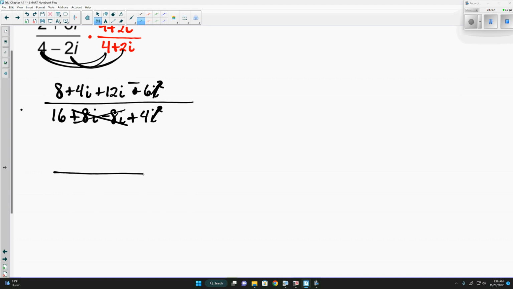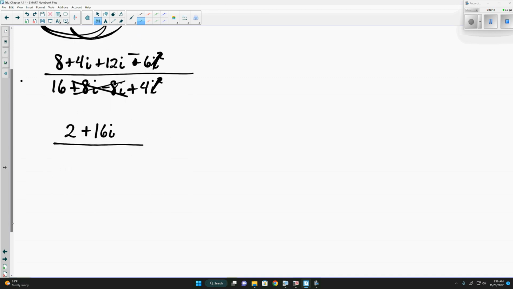Now we need to simplify and combine like terms. In the numerator, we have 8 minus 6, which is 2. 4i plus 12i is going to be plus 16i. 16 plus 4 is 20.